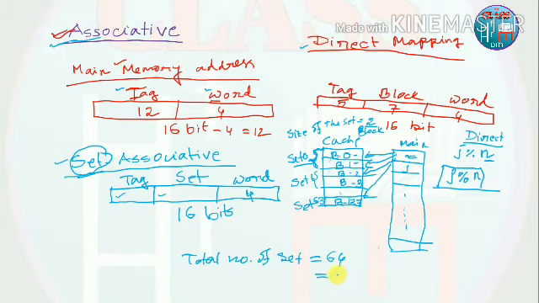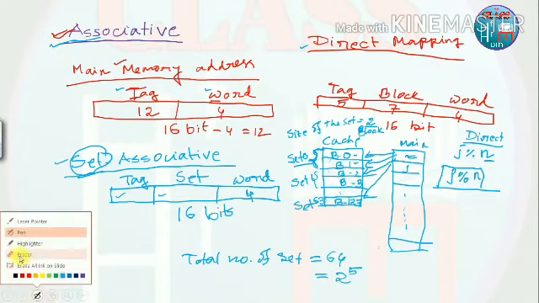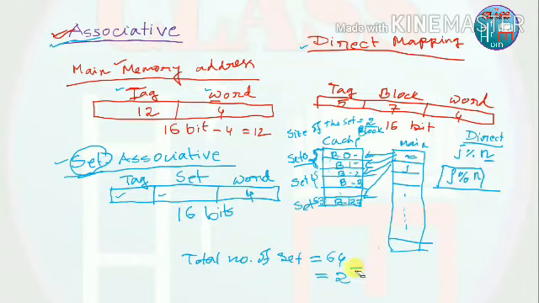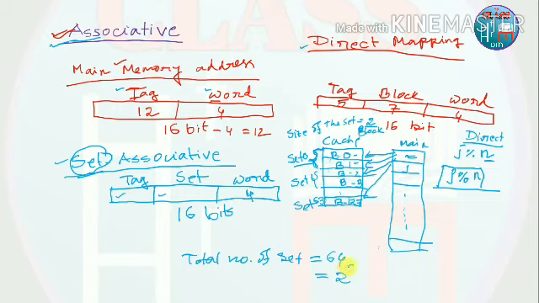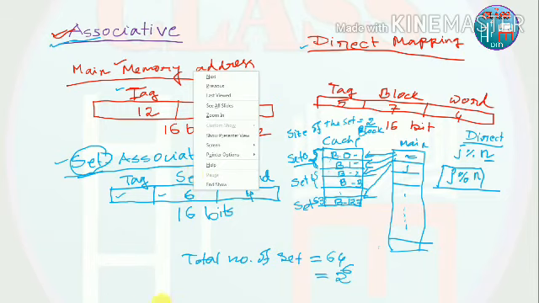So 64 equals 2 to the power 6, not 5. It is 2 to the power 6. So the set field size will be 6.